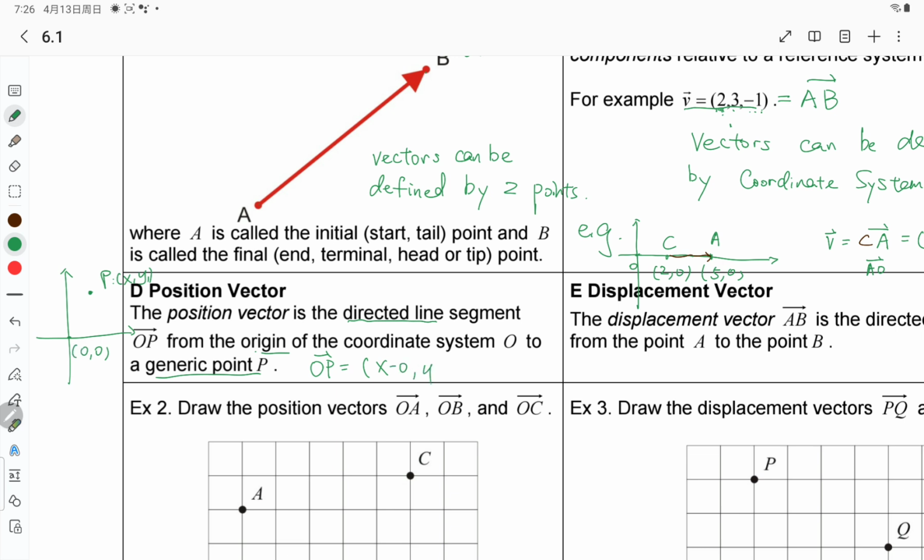So x minus 0, y minus 0, and it happens to be x, y, which is the coordinate of P.